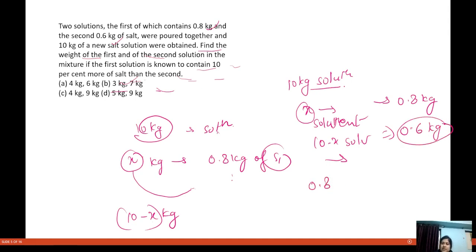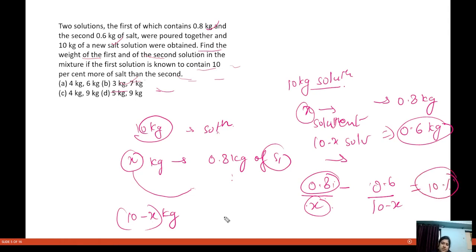So this minus that, 0.8 divided by x minus 0.6 divided by 10 minus x, gives us the 10% difference. So we have 0.8 divided by x minus 0.6 divided by 10 minus x, and this is 10%, that is 0.1.